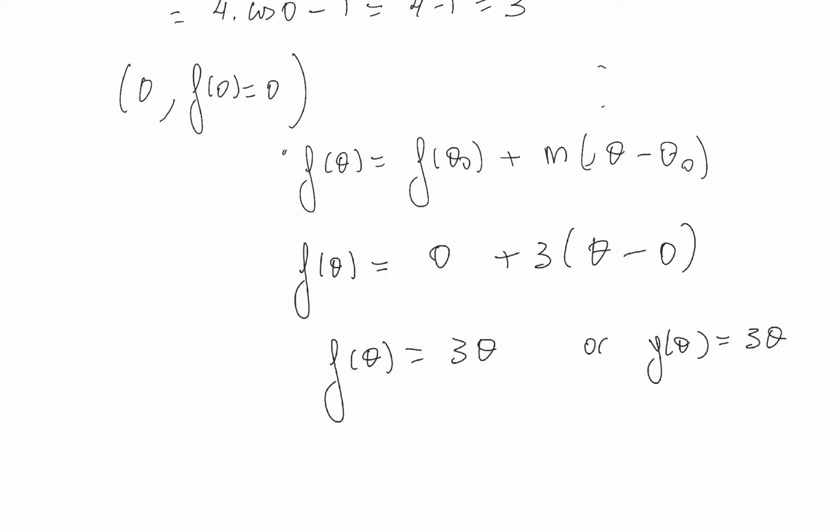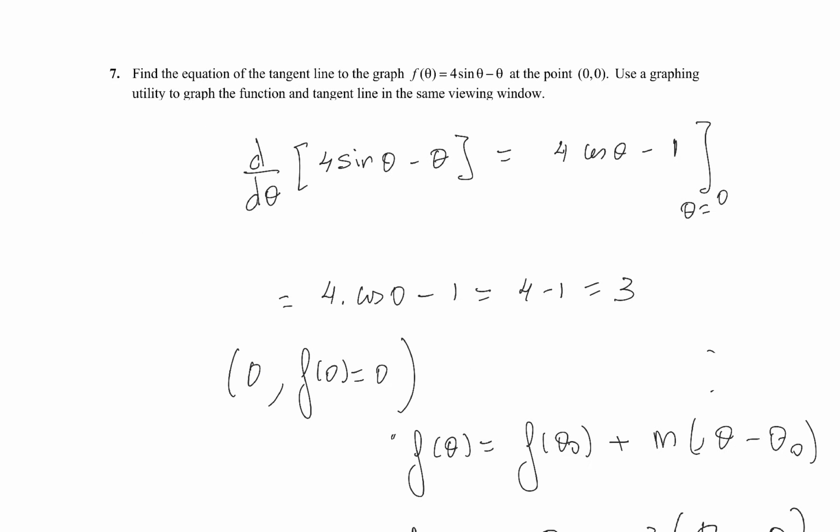Okay, let's go to the next one. It's similar, just that instead of x the variable theta appears. So how to do the derivative? Imagine that when you see theta, it is x. So the derivative with respect to theta, or with respect to x, of 4 sine of theta minus theta is: the derivative of sine is cosine of theta, 4 is 4, and the derivative of theta is 1, because the slope of the function y equal x is 1.